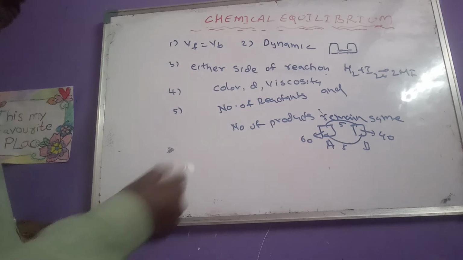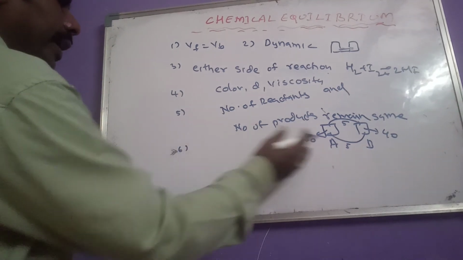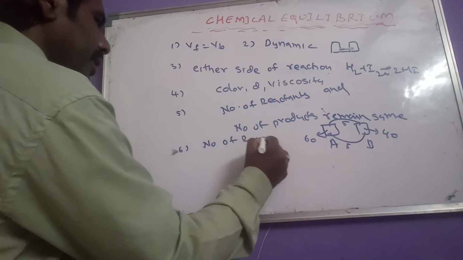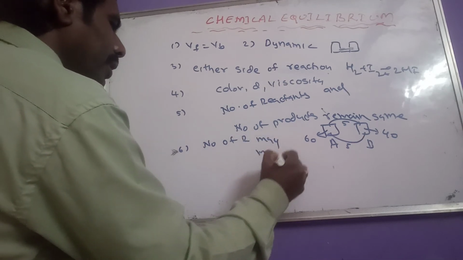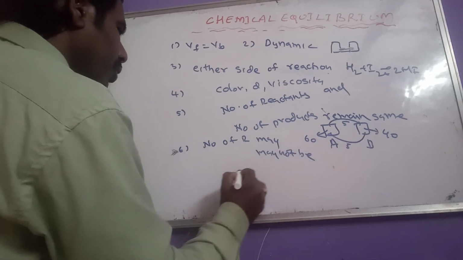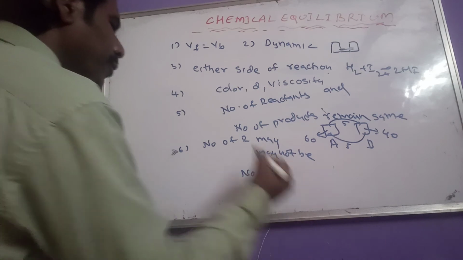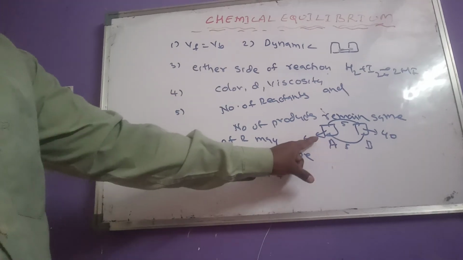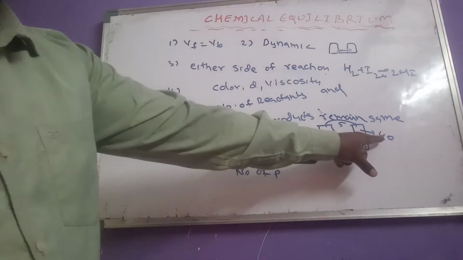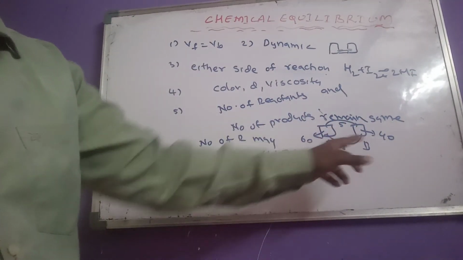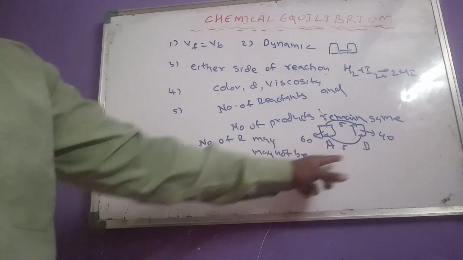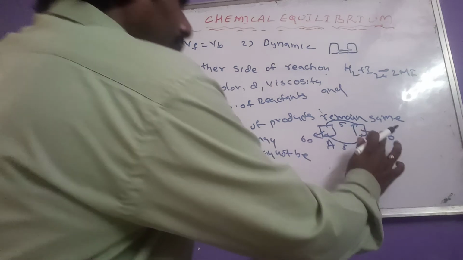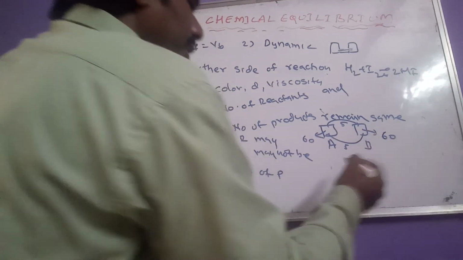And then another important thing here: at equilibrium, the number of reactants may or may not be equal to that of the number of products. That means if you observe, 60 reactants are there, 40 products are there. That means the number of reactants is not equal to the number of products. And of course, in another case we can consider 60 members.